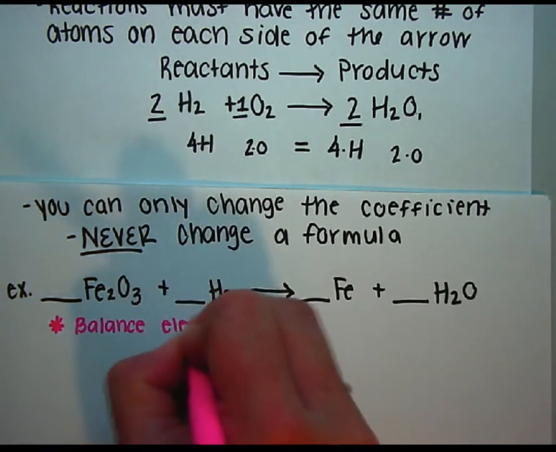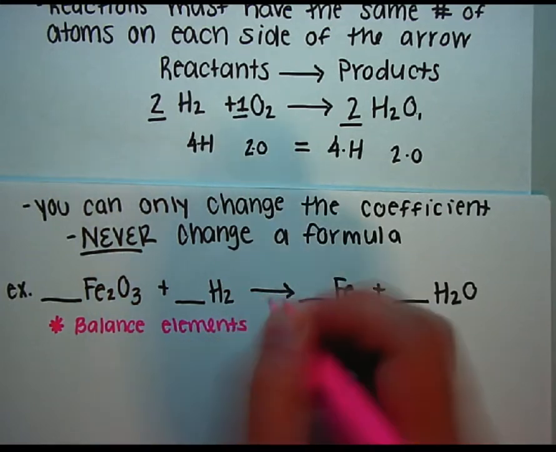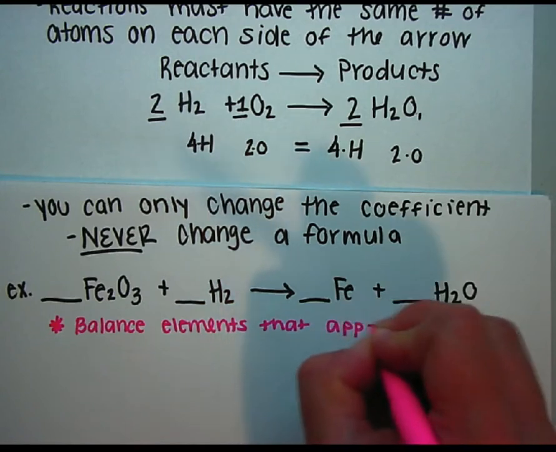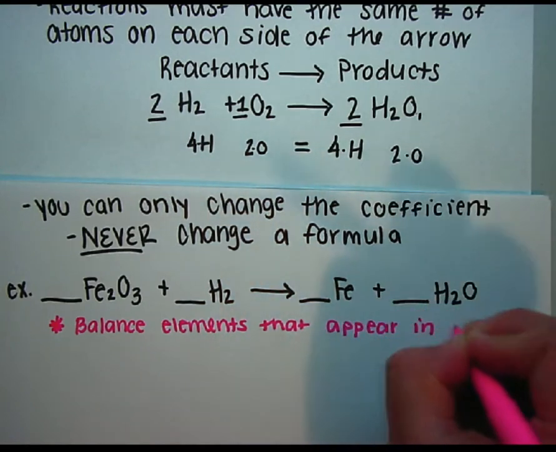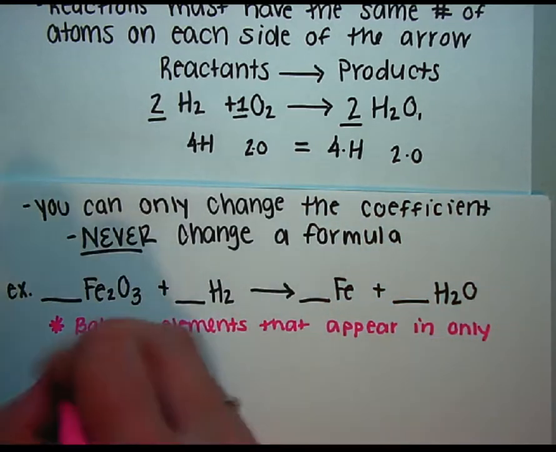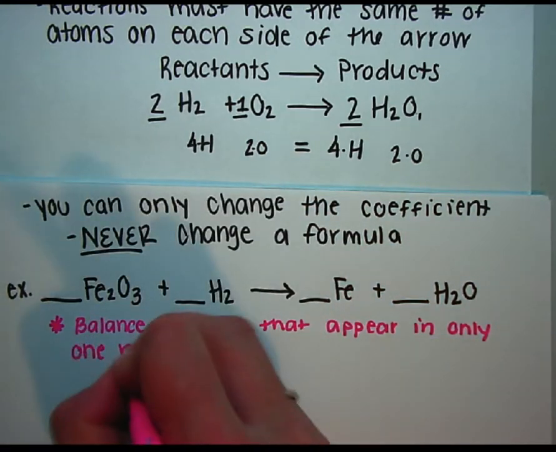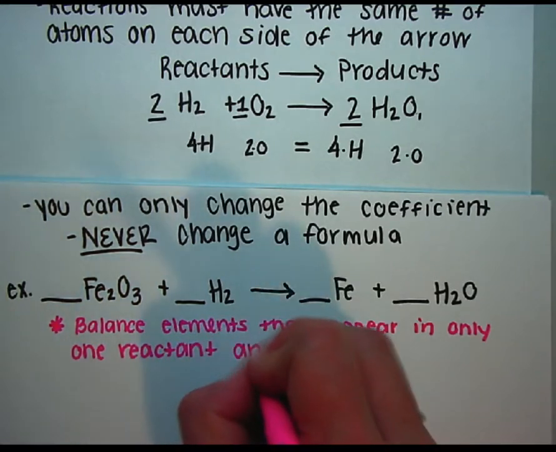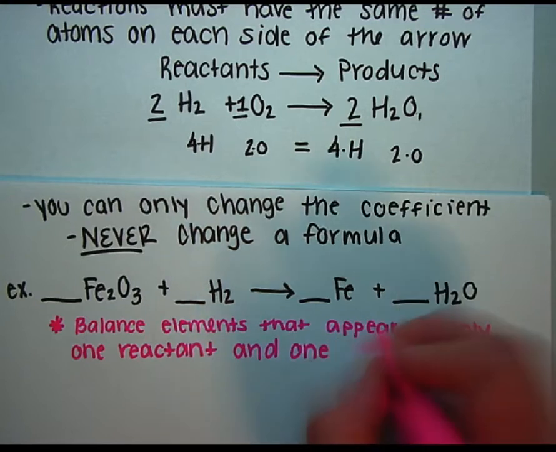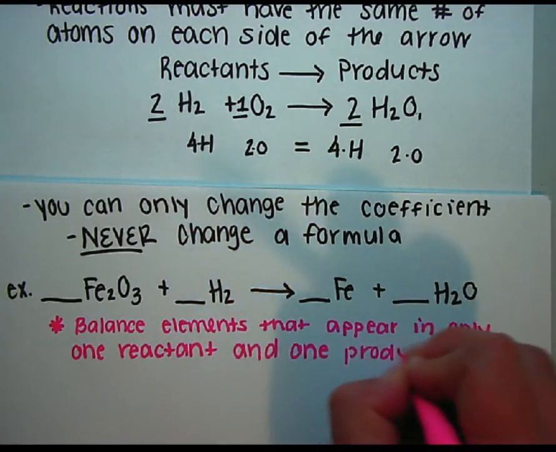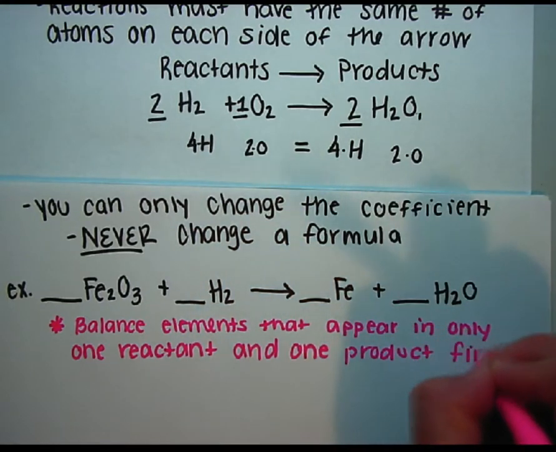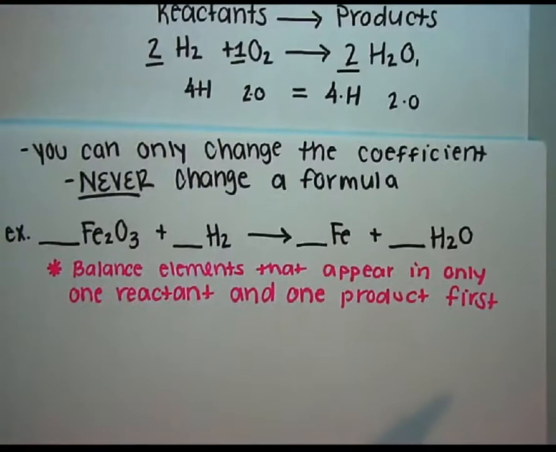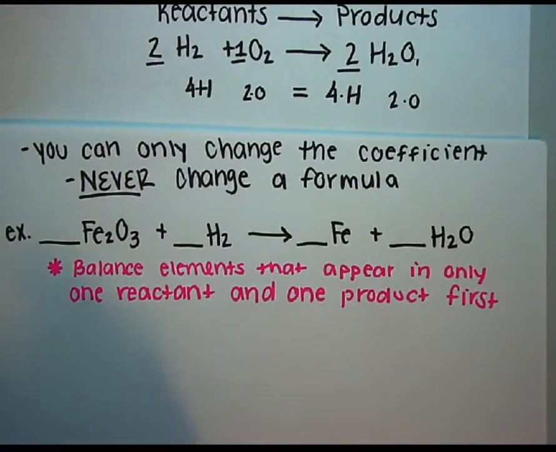Balance elements that appear in only one reactant and one product first. So this tip won't apply to this example, but we will use that in a few examples coming up.